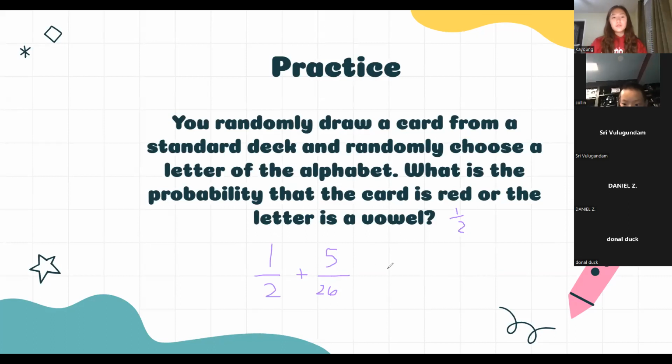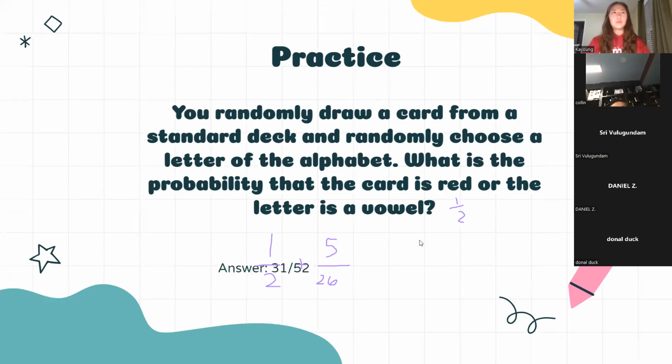And then you have to subtract the... wait, there's no overlap, is there? Hold on. The card is red or the letter is a vowel. I think you just add because it's or. So just think of adding as or. I mean, or is adding.